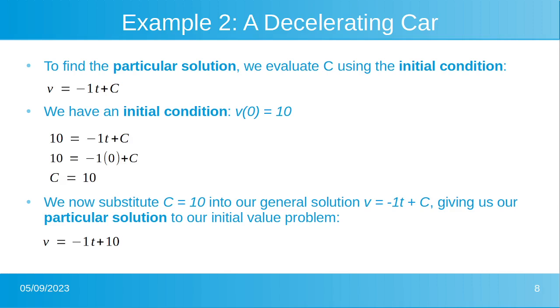Now we substitute c equals 10 into our general solution, v equals minus 1t plus c. That gives us the particular solution to our initial value problem: our velocity v is equal to minus 1t plus 10, where t is time.